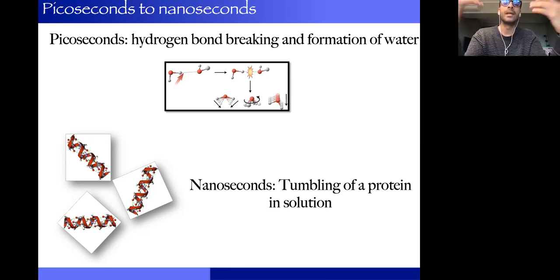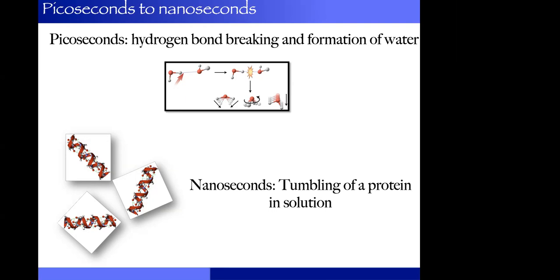The time scale comes from an activation barrier. There's an activation barrier associated with all these various processes, so bond breaking and bond forming. And so the rate of picoseconds comes from the size of the relevant barrier associated with the process.